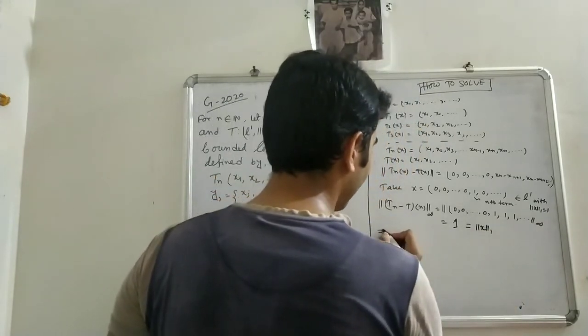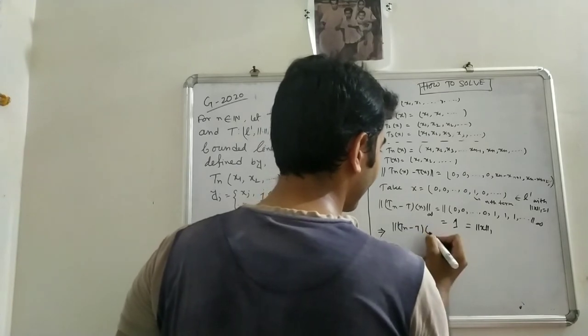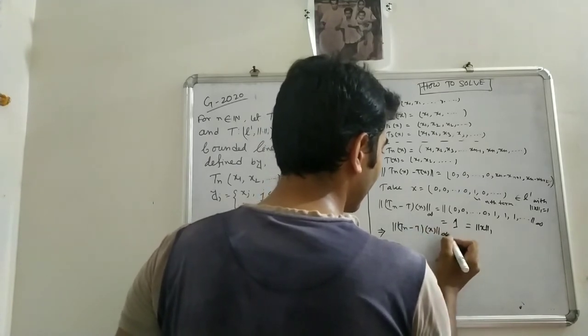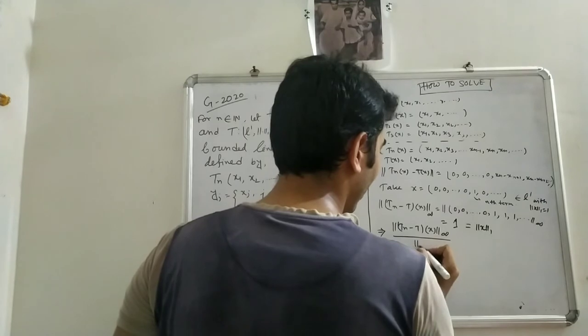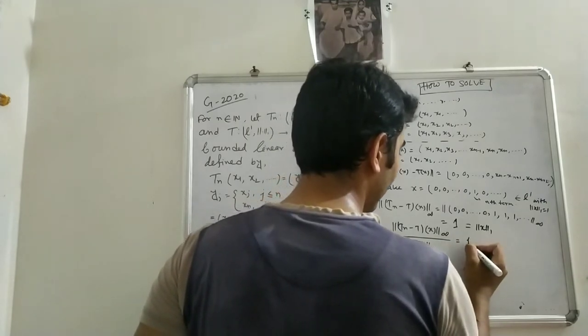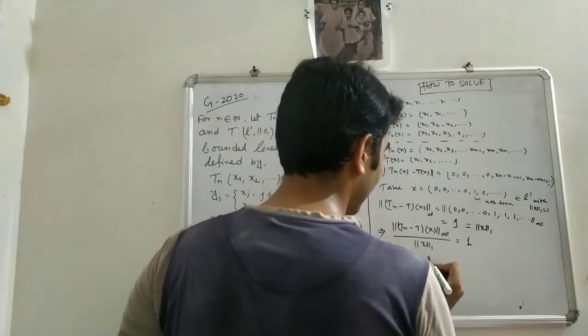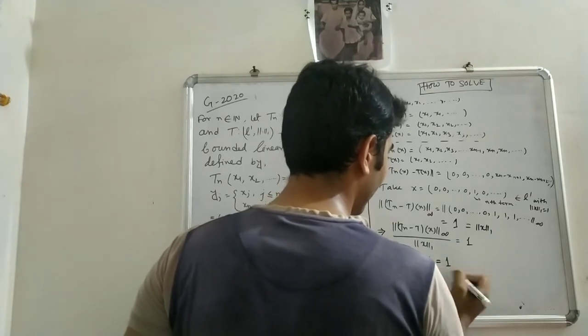So this implies the norm of Tn minus T applied to x divided by the norm of x1 is equal to 1, and this implies the norm of Tn minus T is equal to 1.